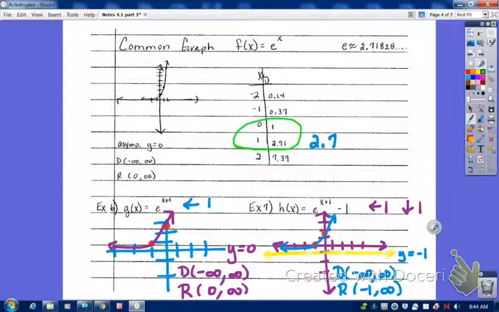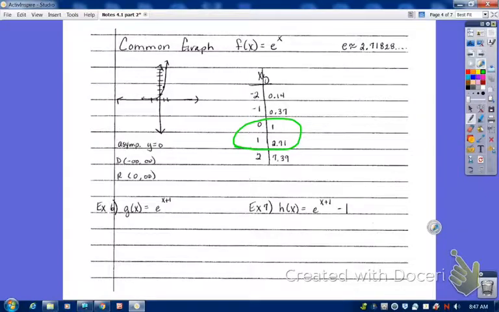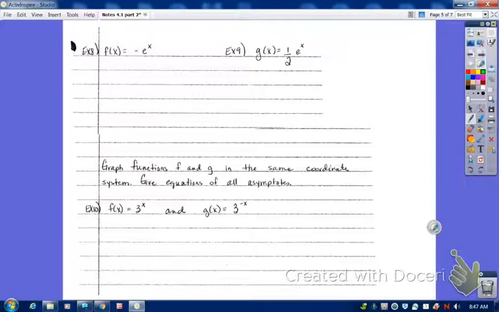Example 8, what is the transformation? Reflection over the x. So instead of having 0, 1, I have 0, negative 1.